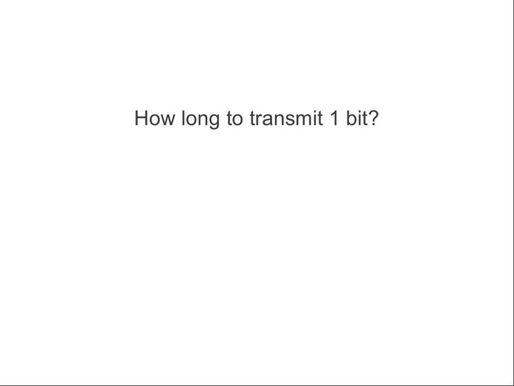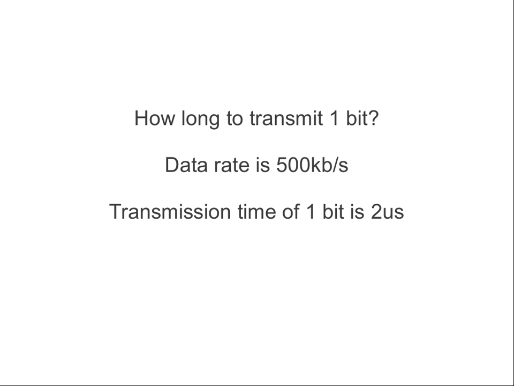So we can say when this device is generating a signal to represent that first bit, it takes 2 microseconds to transmit that signal. It generates the signal for 2 microseconds, which is really just data size divided by data rate. Data size 1 bit, data rate 500,000 bits per second. 2 microseconds.